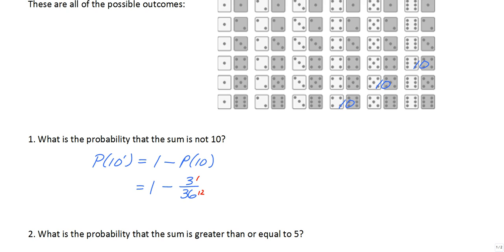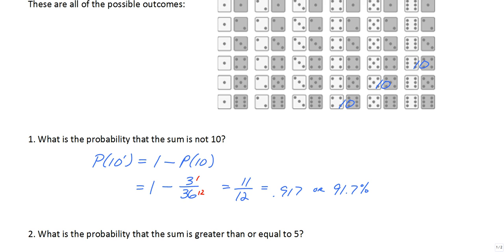So all we have to do is 1 minus 1/12, and we will find that the probability of not rolling a 10 is 11 out of 12, which is 0.917 or 91.7%. So again, probability can be written in different ways. Follow the directions on any quiz or test on how you're supposed to write your probability. Just know that they are all the same.